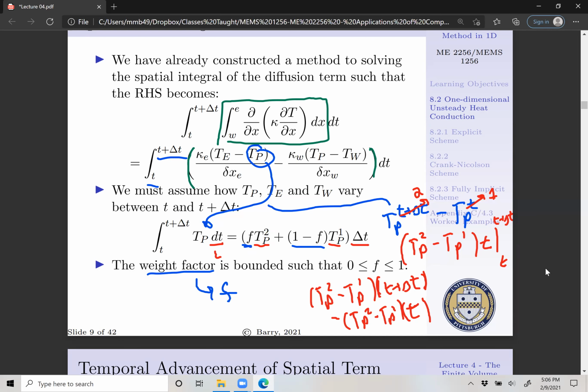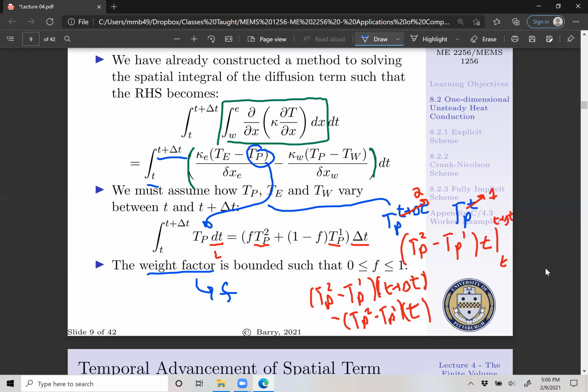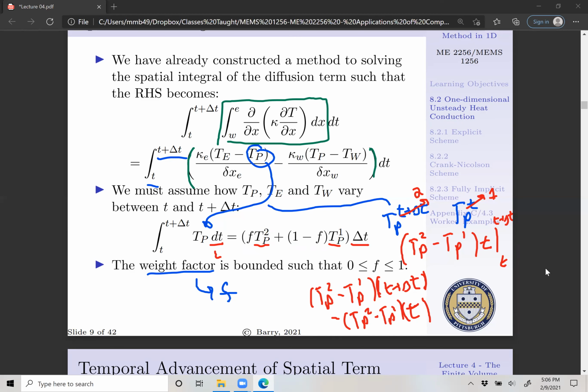So this weighting factor allows us to define whether or not we're going to have an explicit scheme, which pulls all the information from the previous time step, an implicit scheme, which pulls all the information from our current time step, or a mix of both implicit and explicit, i.e. the Crank-Nicolson scheme. So we're going to leave this weighting factor just as is for now. It's incredibly important though.